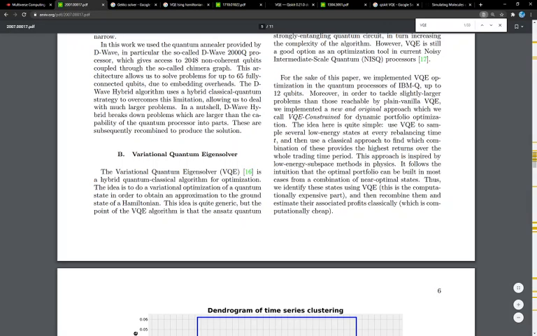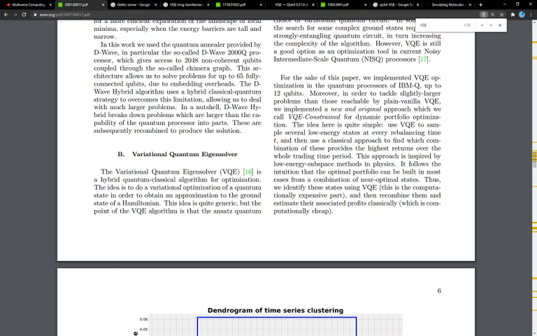As a result of VQE, you would have a subset of things to invest in at each trading step. And then you want to find which combination of those would give you the highest returns over the whole trading time period.